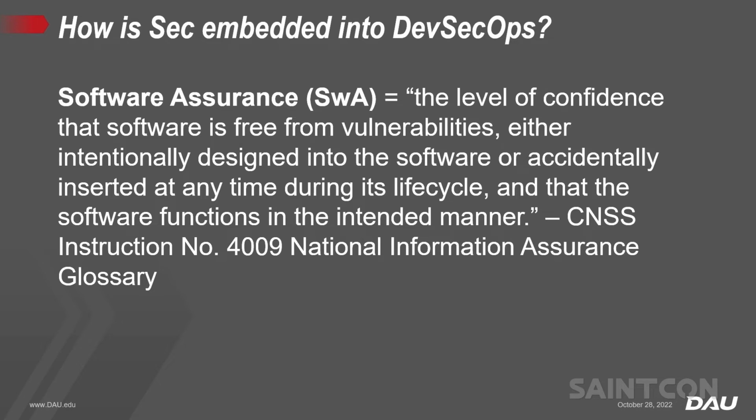That is the level of confidence that software is free from vulnerabilities, either intentionally designed into the software or accidentally inserted at any time during the life cycle, and that the software functions as intended in the intended manner. That's a big thing.